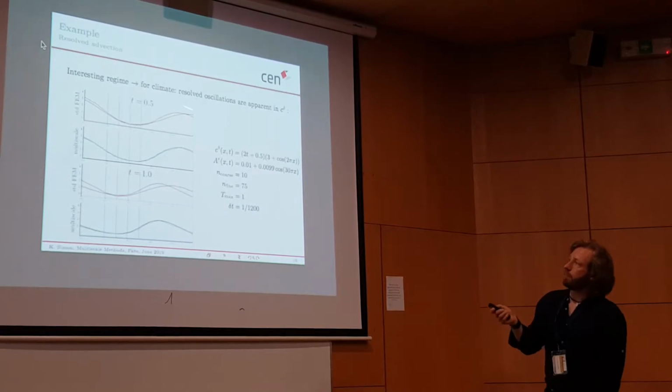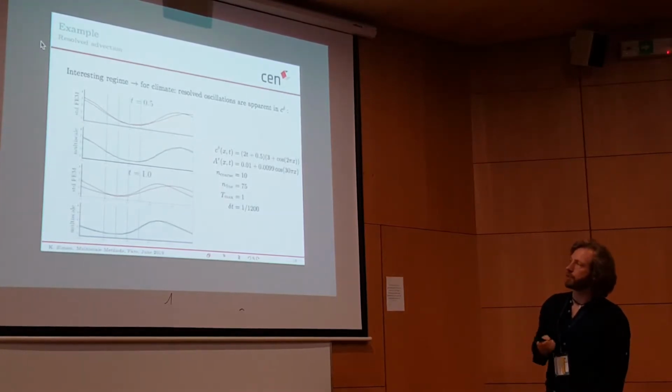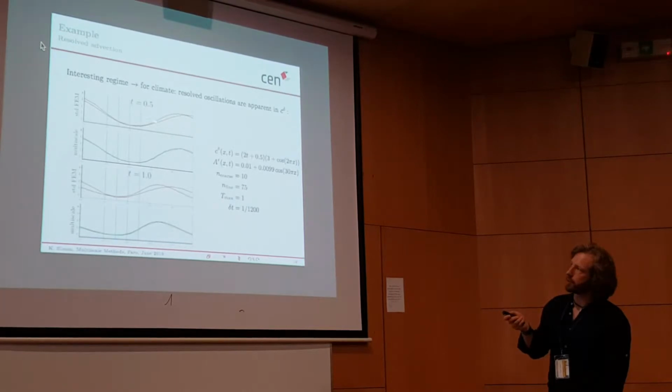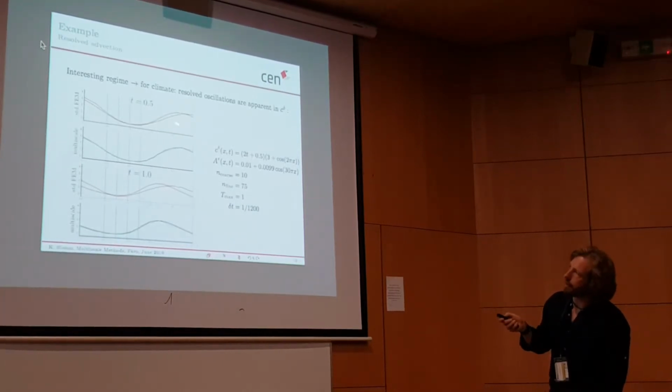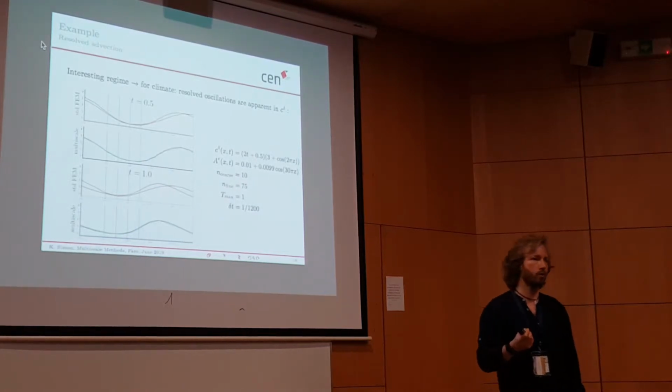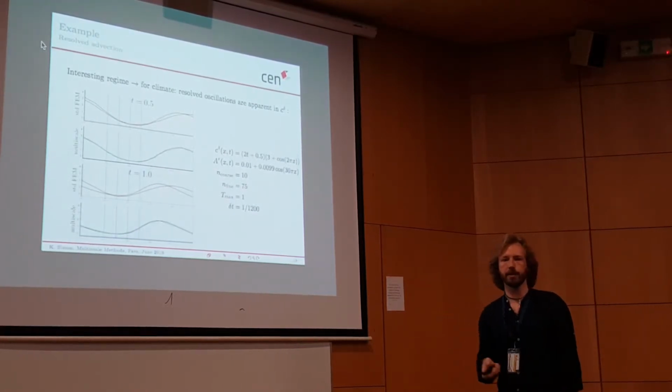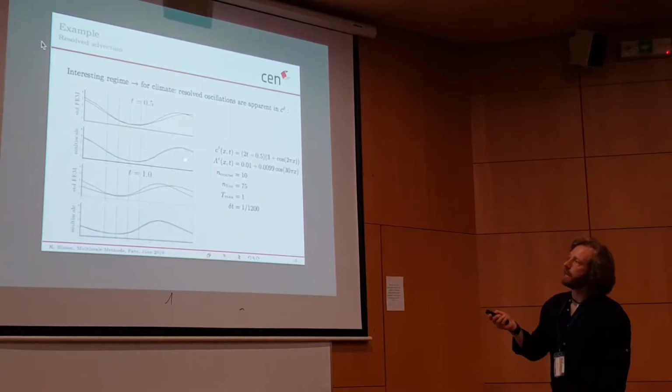Okay, so first problem, first example. If you do that, what you see here is a comparison of a high-resolution FEM model, the solution you see in black. Red is a standard finite element solution with 10 elements that's supposed to represent the coarse model in a standard setting, and the multiscale finite element in green.